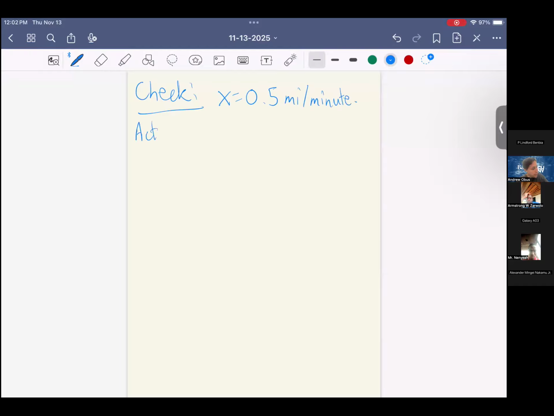So the actual pace is 2 miles divided by 0.5 miles per minute plus 8 miles divided by the faster pace, which is 1.0 miles per minute.